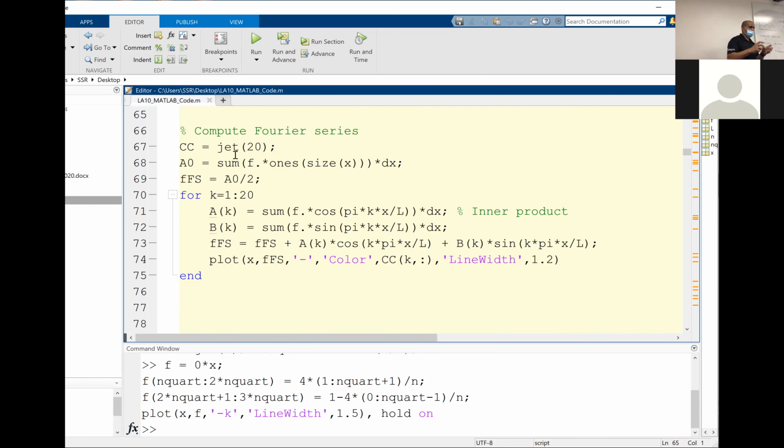So the key observation here is you took an inner product. I'm going to do the exact same thing. Rather than taking an inner product of one vector with another vector, since this is a continuous function, I'm going to take the inner product of this function with this basis and then normalize it.